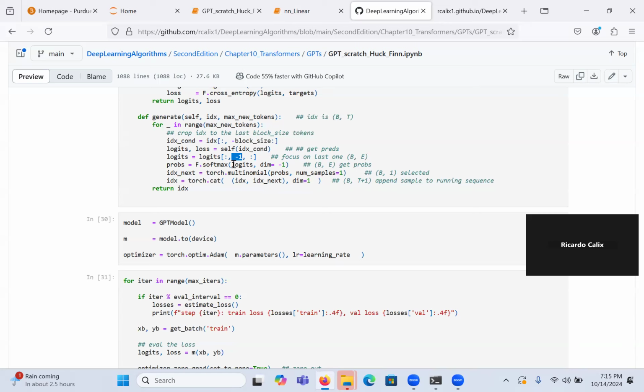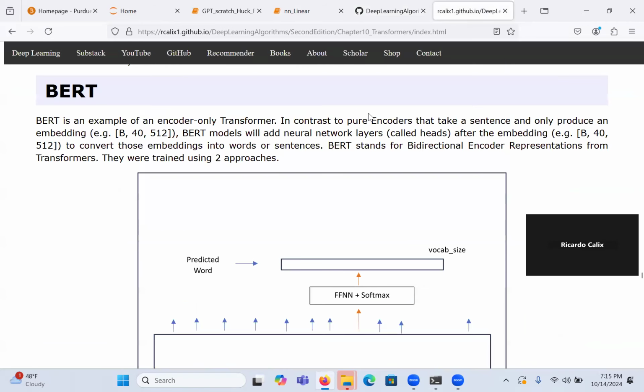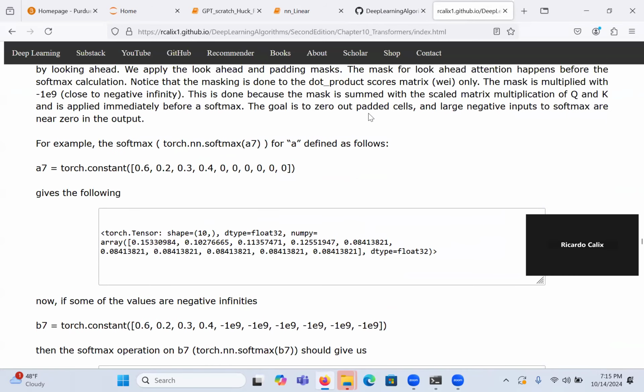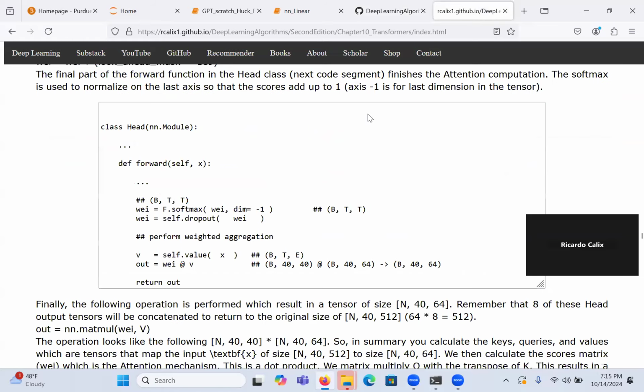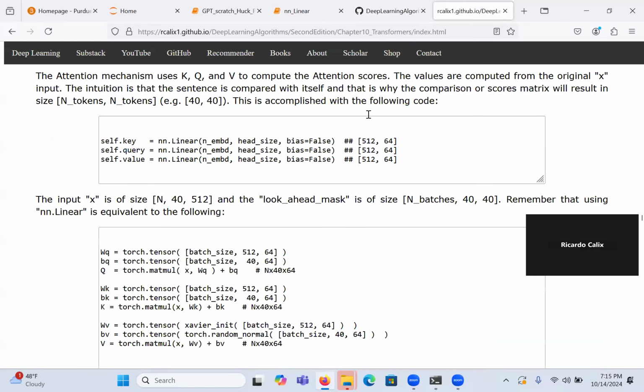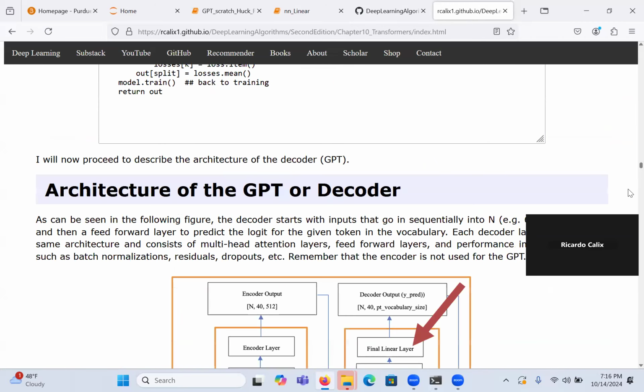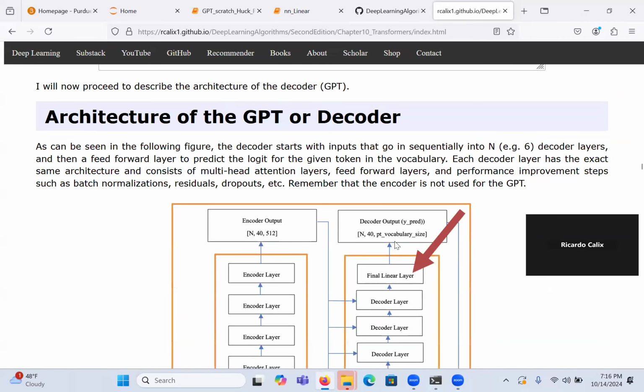Intuitively, I would think it's 3, 4, 5, 6, but this part I'm not sure. Here is n by 40 by 512.